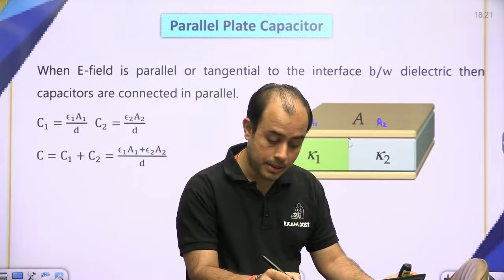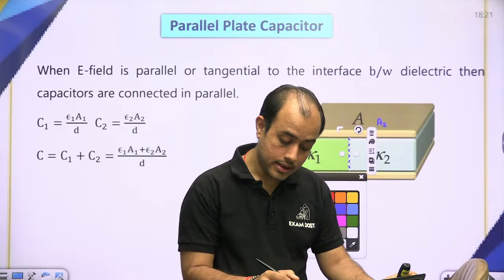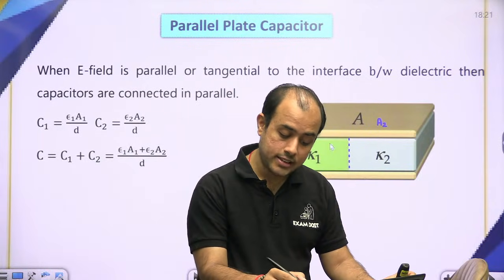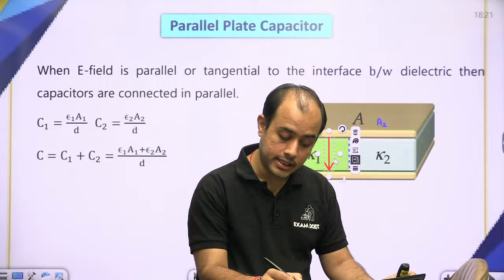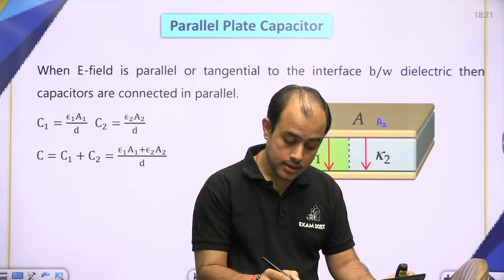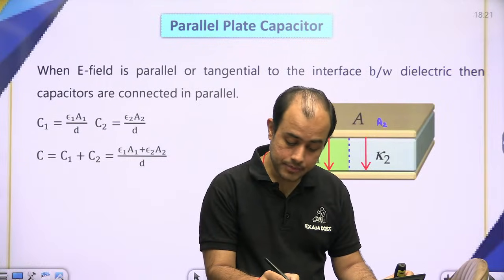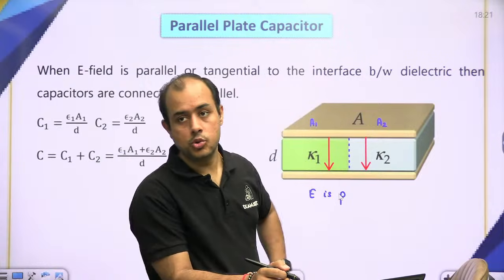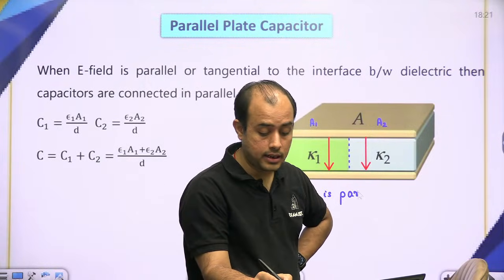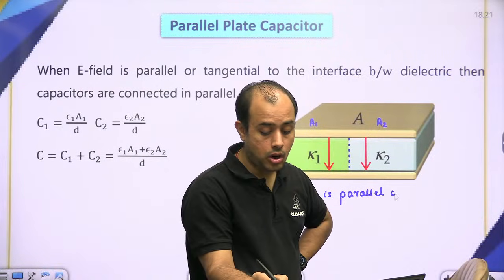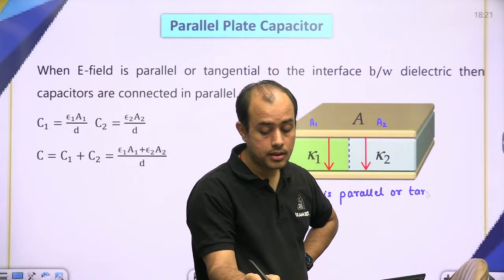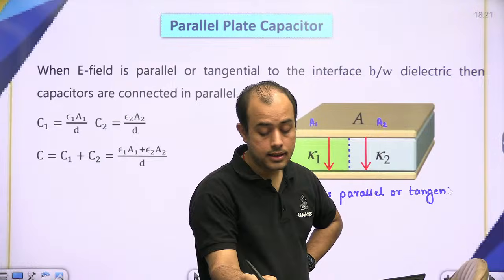Now see, this is the border of the dielectric. The electric field is always from one plate to the other. So electric field is parallel. You can say electric field is parallel or tangential to interface.